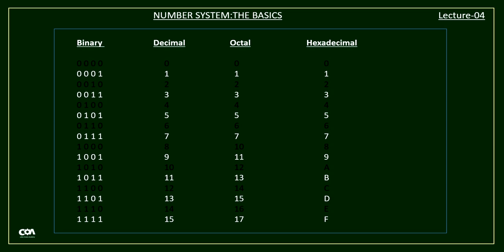In the next presentation we will talk about how numbers are converted from one number system to another, like binary to decimal and decimal to binary, also octal to decimal and hexadecimal to decimal, and also octal to binary and hexadecimal to binary.